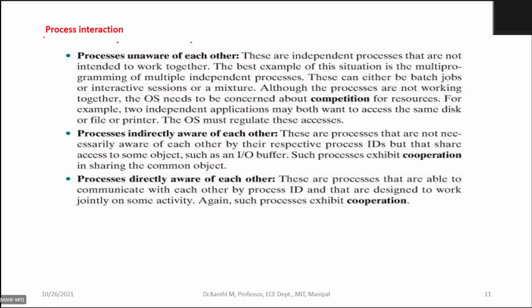These are independent processes that are not intended to work together. The best example of this situation is the multi-programming of multiple independent processes. This can be either batch jobs or interactive sessions or a mixture. And they are not working together.